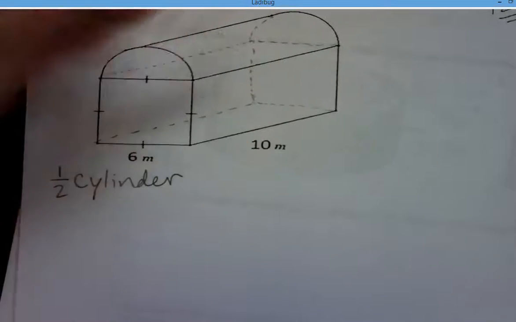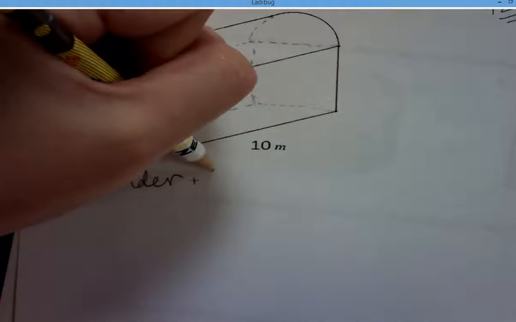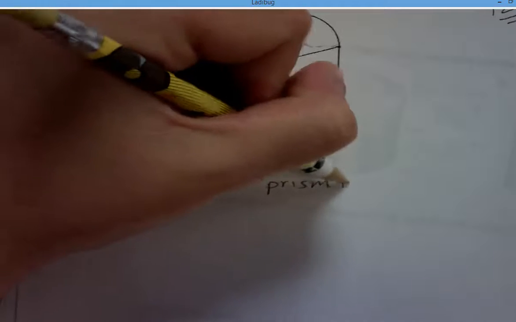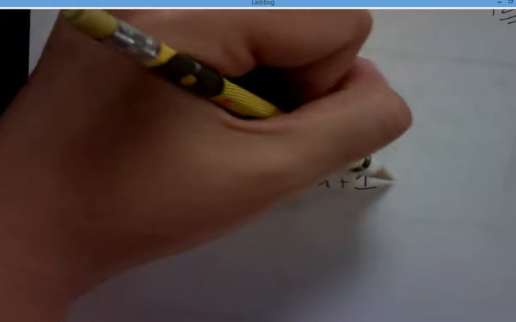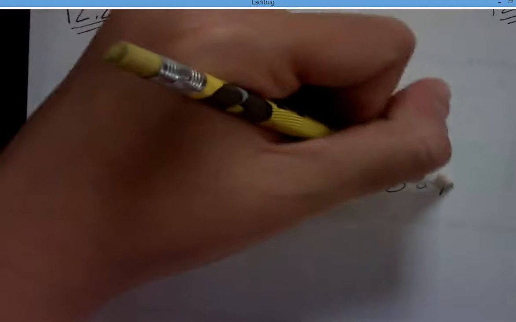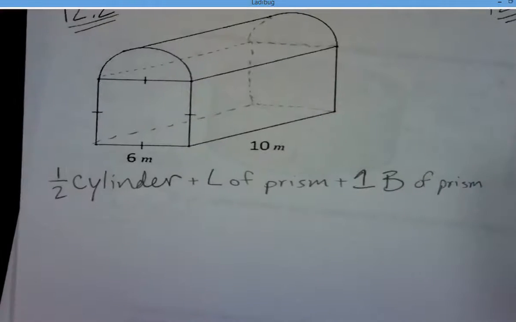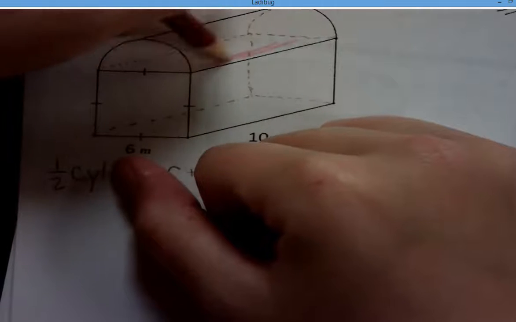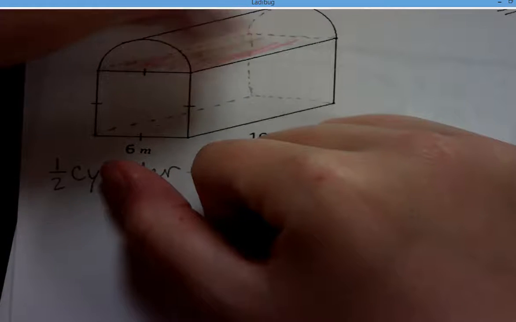So what are the things we need? We need half of the cylinder, we need the lateral area of the prism, and we need 1 base of the prism. Does everybody see why that is the case? The cylinder's cut in half, so that's why that's half of it. We need the entire lateral area of the cylinder, which is everything around it. And then we only need 1 of the bases, because 1 of the bases is covered up by the cylinder.